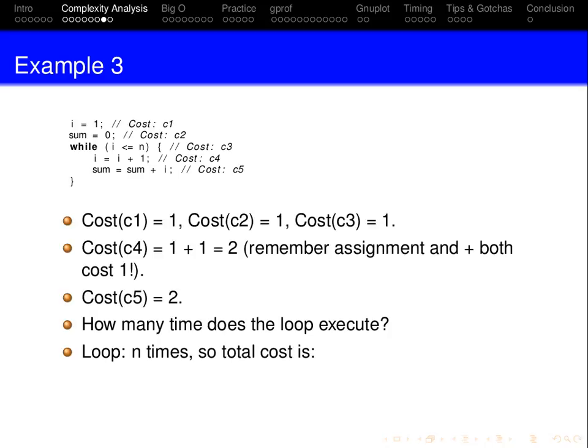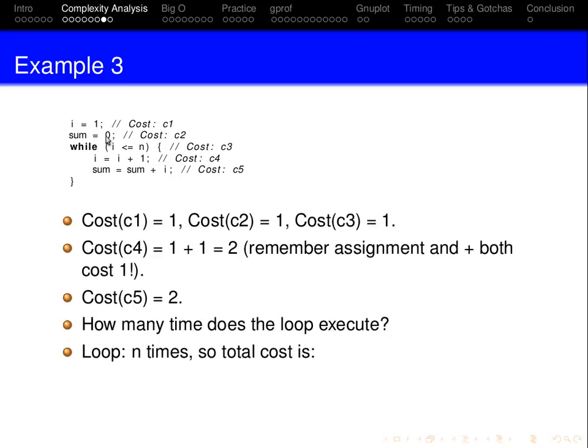What about C3? 2 plus 5n? 4n plus 2? We're taking a lot of guesses here.